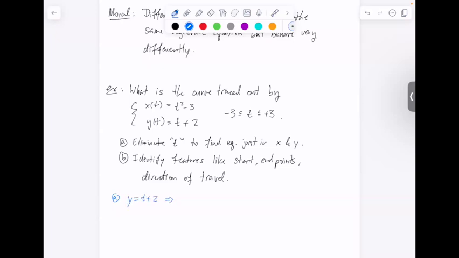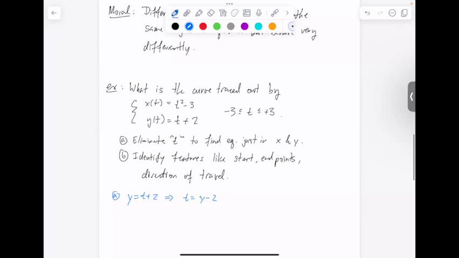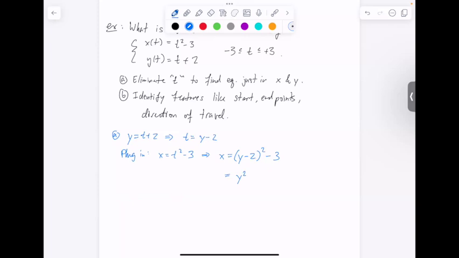This implies that t is y minus 2, just moving the 2 around. And from the first equation, x is equal to t squared minus 3. You get x is equal to (y minus 2) all squared minus 3, which is now what? This is y squared plus 4 minus 4y minus 3.